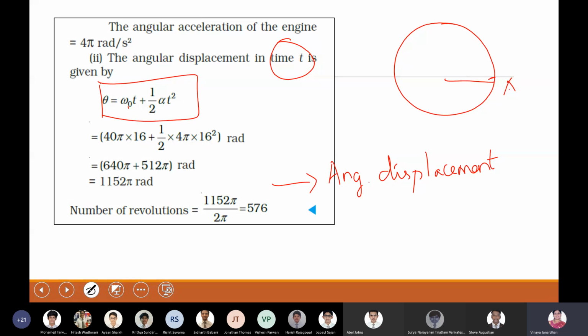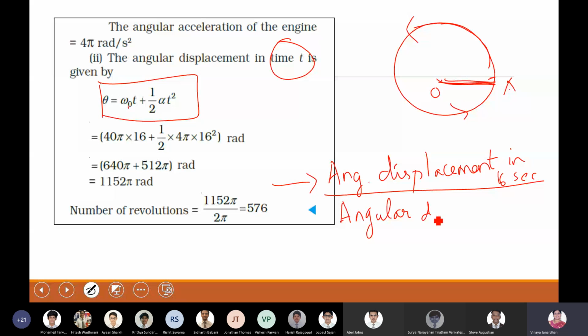If the body starts from here, goes in this way, and comes back to A, that is one complete revolution. So the angular displacement in 16 seconds is divided by the angular displacement in one complete revolution.